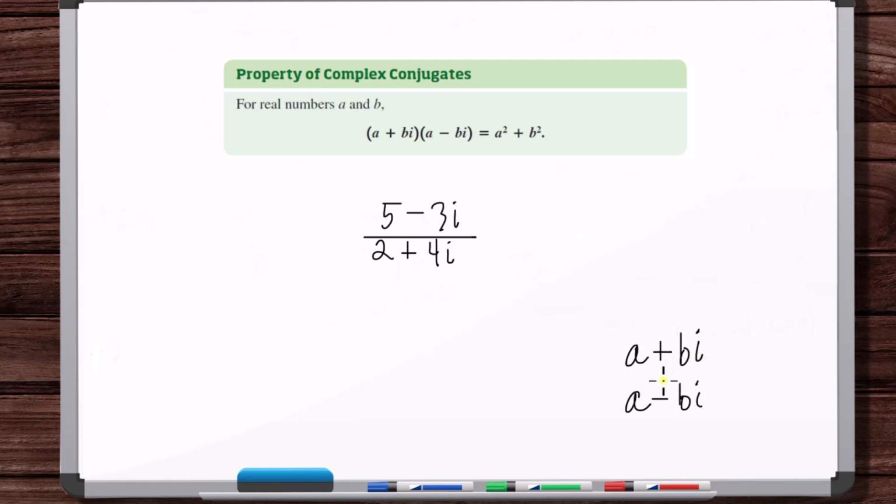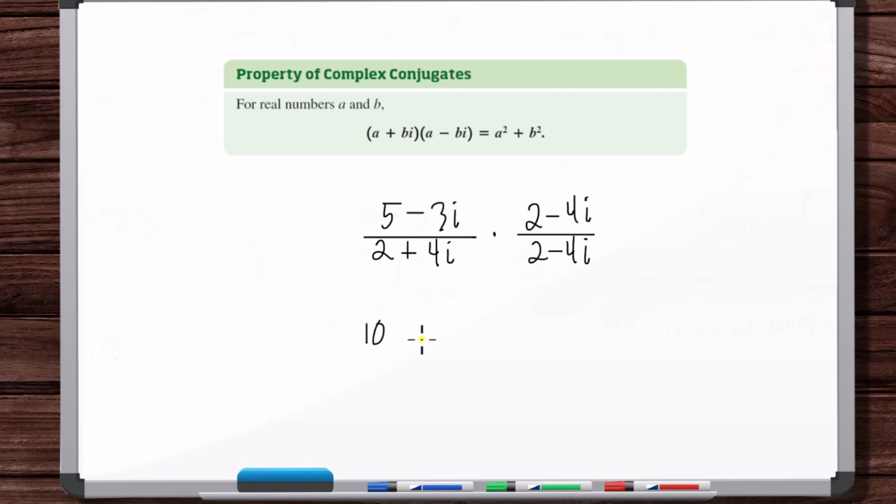If you multiply two complex conjugates, you end up with a single, pure real number. And so we take advantage of that because we can multiply this by 1 in the form of the complex conjugate of the denominator. And we're going to do complex number multiplication in the numerator.